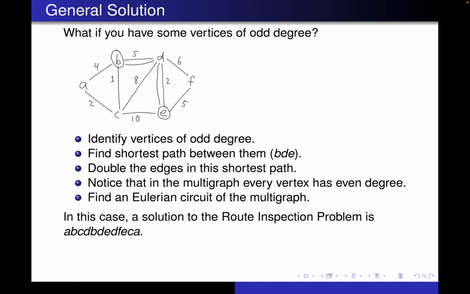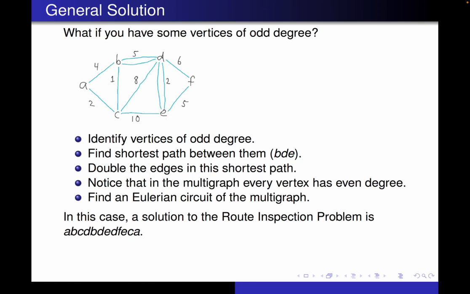So the root inspection solution is going to be, well, we're going to start at A. We go to B, then we go to C, then we go to D, back to B, back to D again, down to E, back up to D, then to F, E, C, and A, and you can see all of our edges turn blue, which means they all got covered.